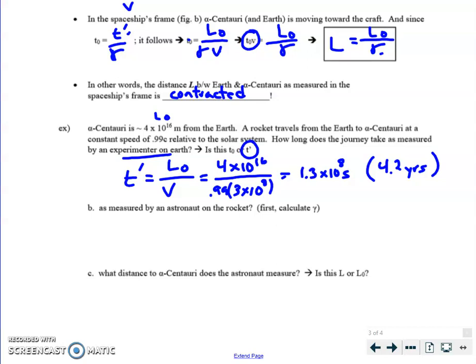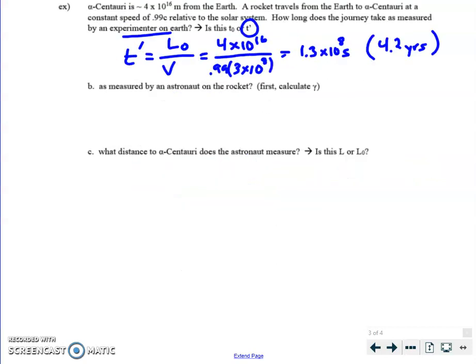So what's measured by the astronaut on the rocket? How much time, from the astronaut's frame, does it take? Well, to do that, we're basically going to use t naught. That's the proper time because on the rocket, your clock doesn't seem to be moving. It is simply t prime divided by the gamma factor. So let's do gamma right over here. Gamma, by definition, is equal to 1 over the square root of 1 minus v squared over c squared.